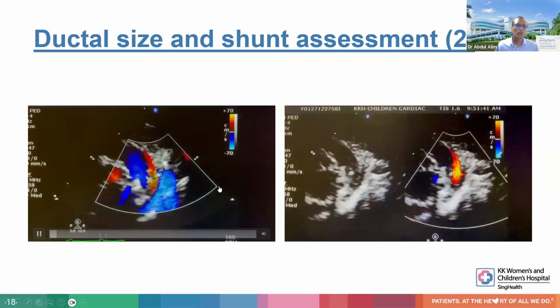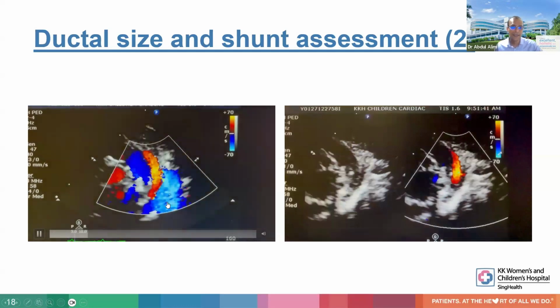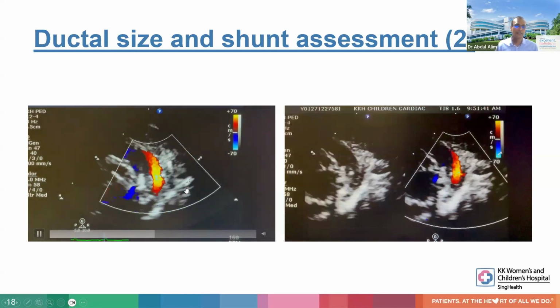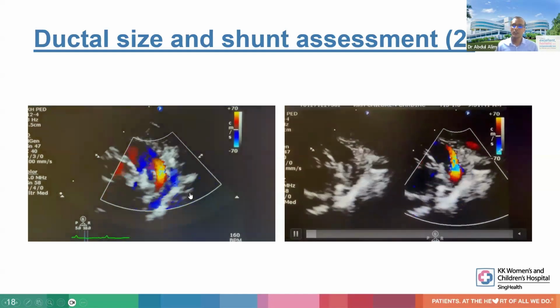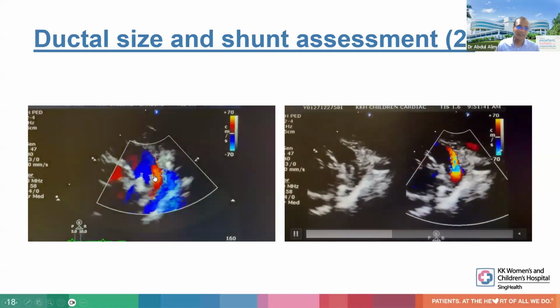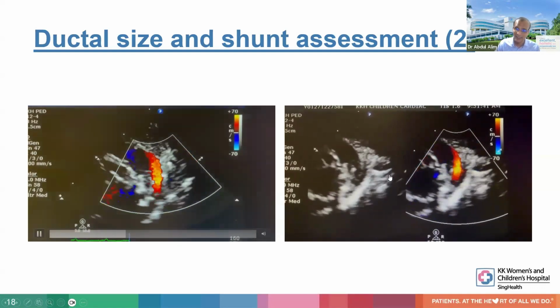In the next picture, you can see very clearly there is a slightly higher velocity shunt because we can see flow throughout the cardiac cycle. On the right-hand side, again the same. The only difference between these two PDAs is that on the left-hand side the PDA shunt is slightly larger.